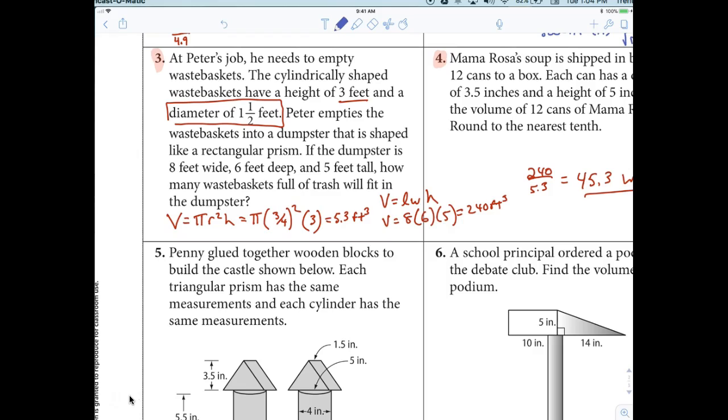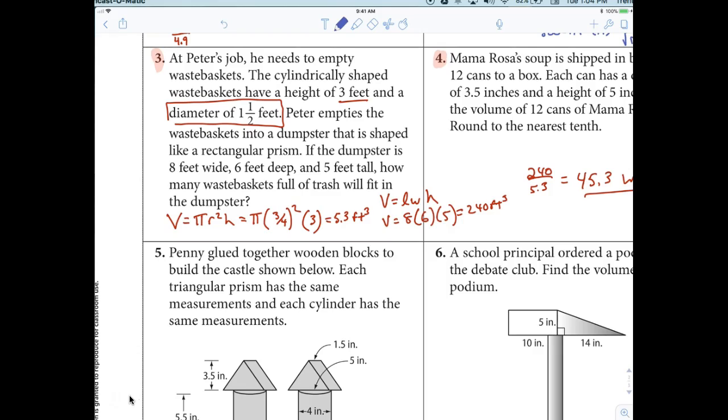All right. So essentially, what happens is you fill up your garbage can, and then you dump your garbage out in the dumpster out there. How many times can you fill your dumpster with the cans? That's what they're asking for. All right, so what do I need to do? I need to find the volume of each can, correct?